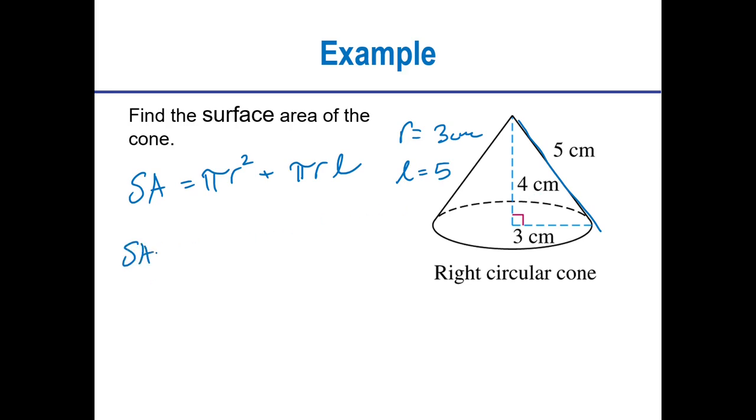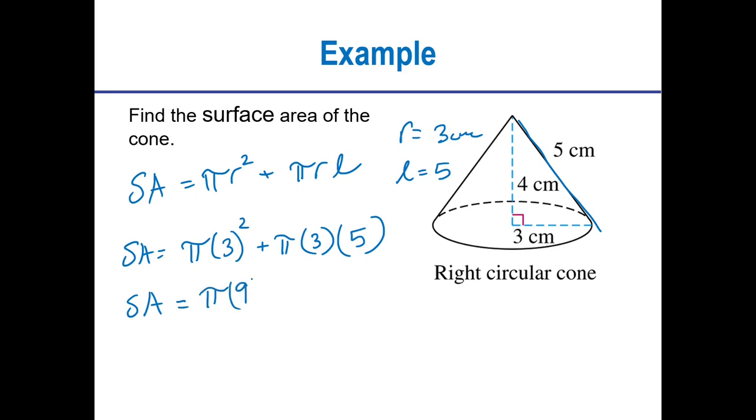The surface area is equal to pi times 3 squared plus pi times 3 times the slant height, which is 5. So the surface area is equal to pi times 9 plus pi times 15, and that simplifies to just 24 pi. So the surface area is 24 pi centimeters squared.